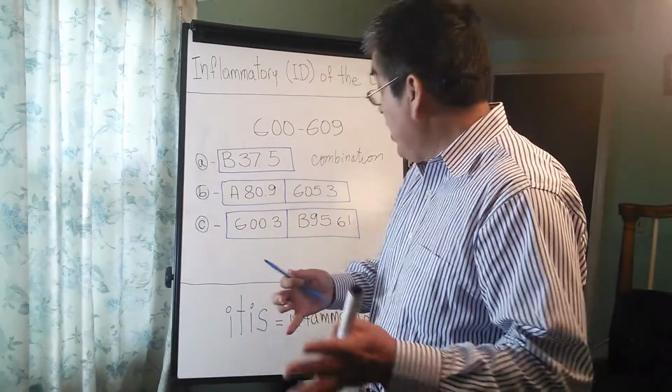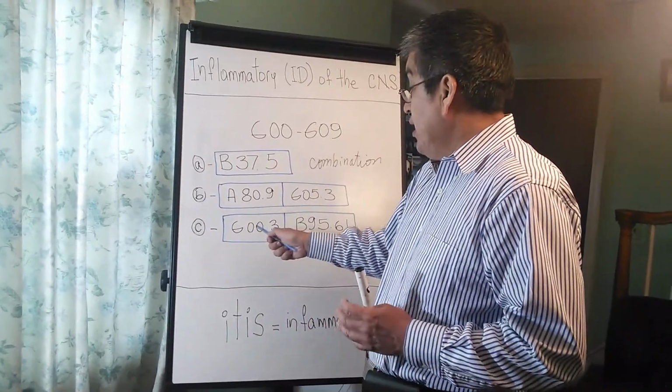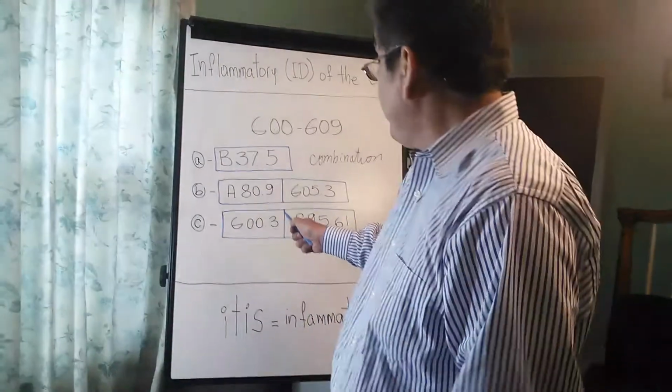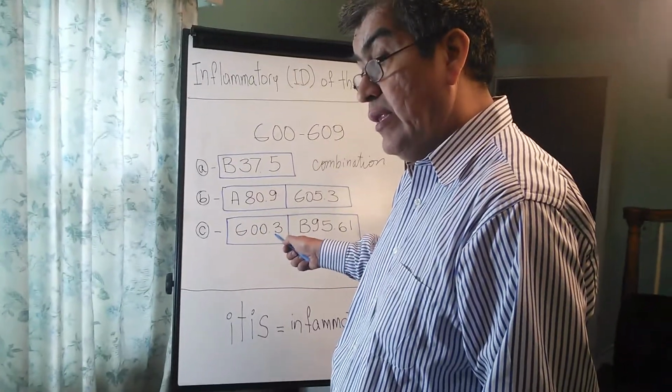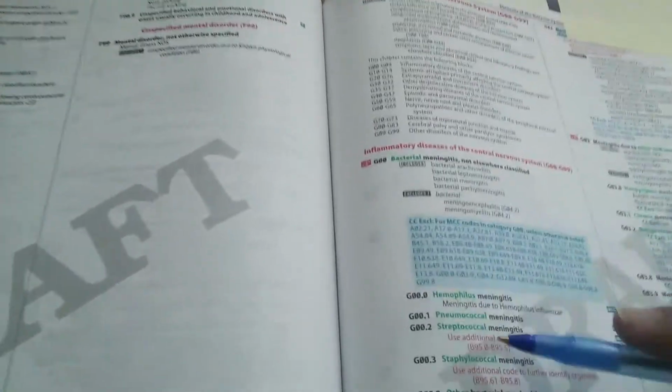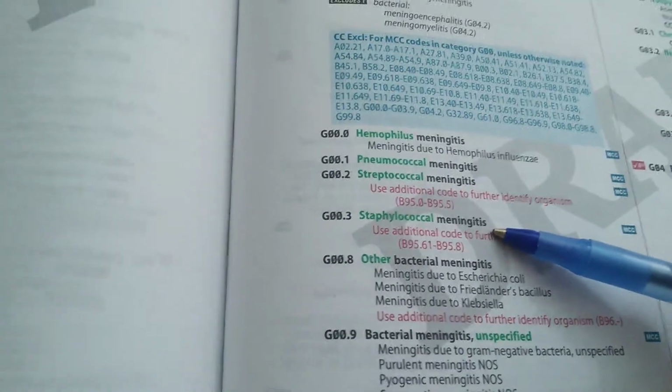Now, the third one is the opposite of this. Can you open to the third one? In this case, for instance, we have, let's see, Staphylococcus aureus meningitis, which would be G00.3, right here. You see? Staphylococcus meningitis, right?